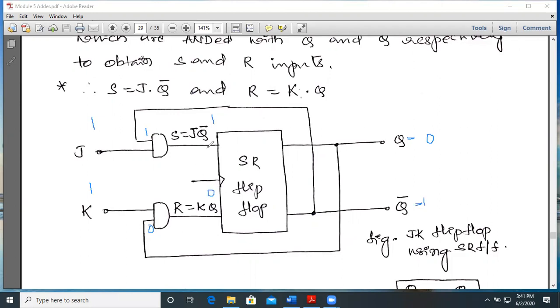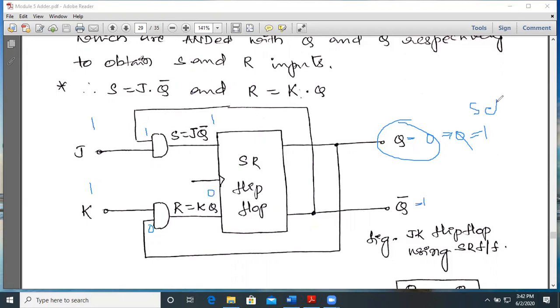So when S is 1 and R is 0 in the SR flip-flop, we are getting Q is equal to 1. That means initially Q was 0, now Q became 1. So we are getting the set state over here.